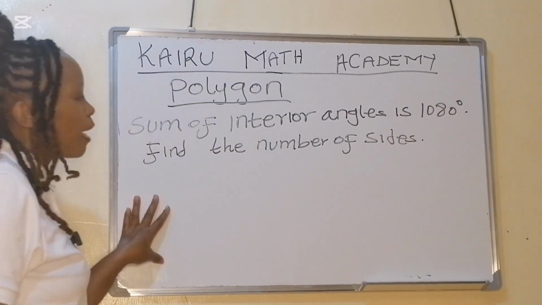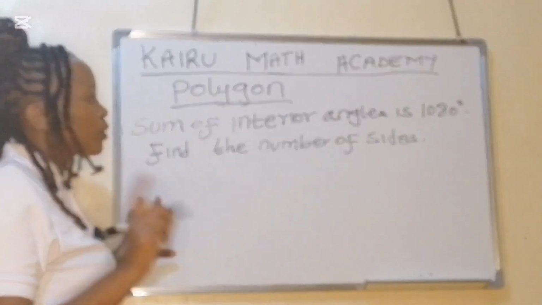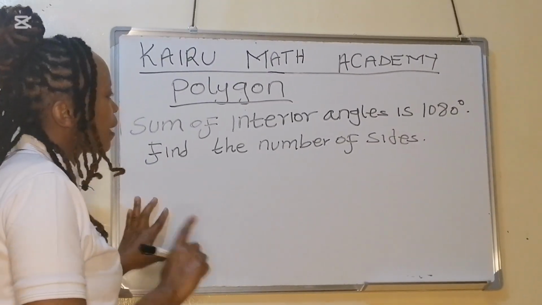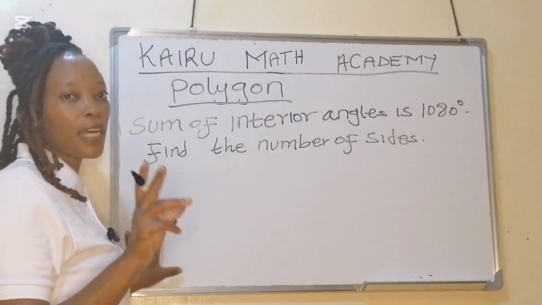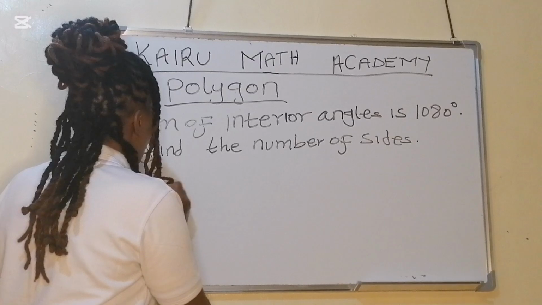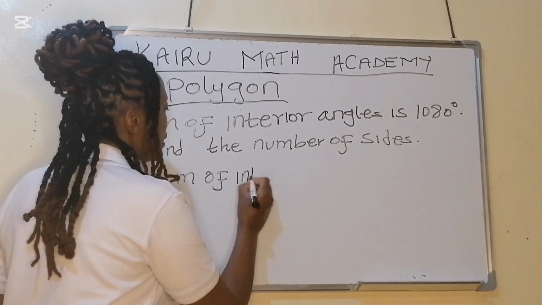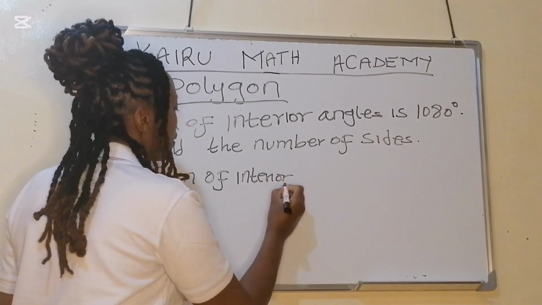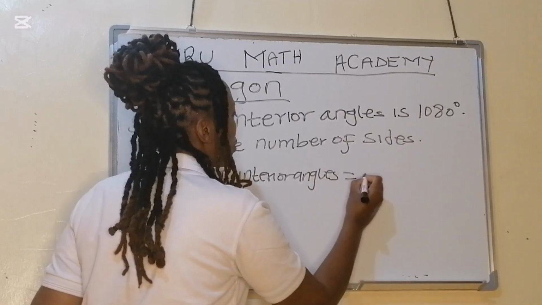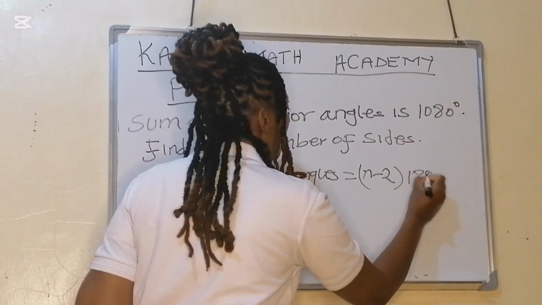Okay? I have told you the first question you should ask yourself is, which formula can we use to answer this question? Let's write the first formula. I've told you there are two formulas that we use to answer any question on polygon. So the first formula is sum of interior angles is equal to n minus 2 times 180 degrees.